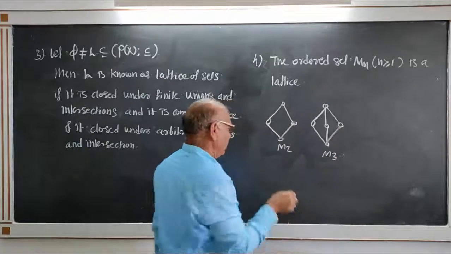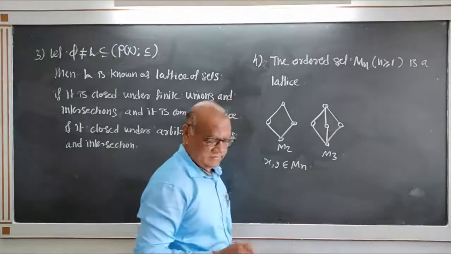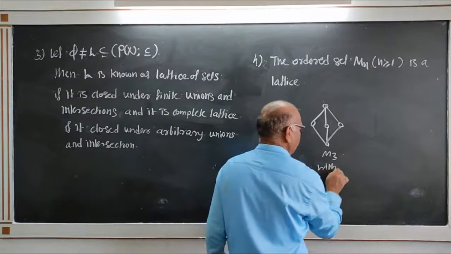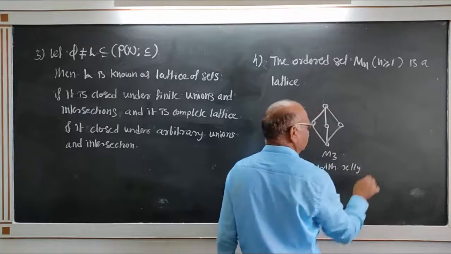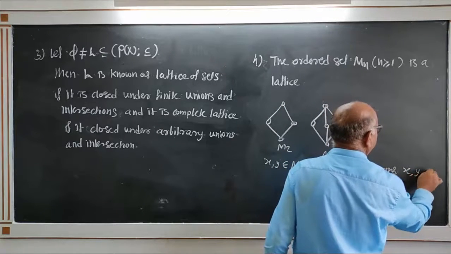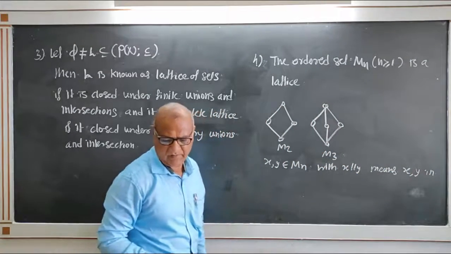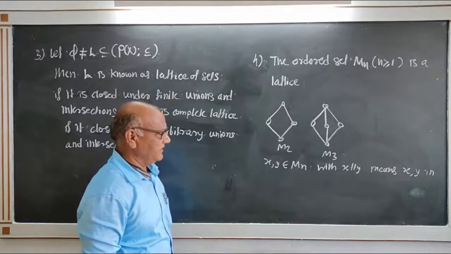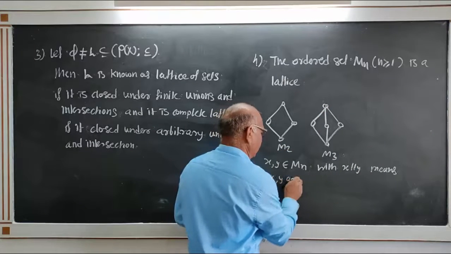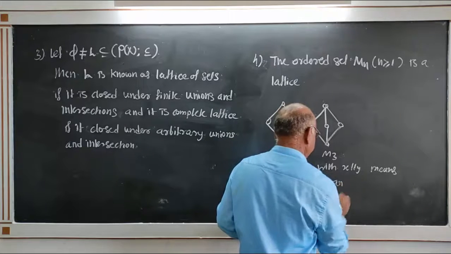Let x, y belong to M_n with x parallel to y, that means x, y are in the antichain.